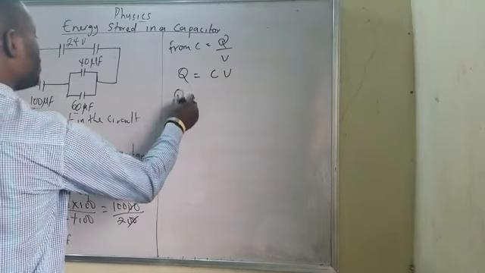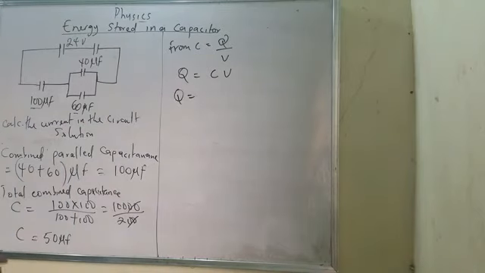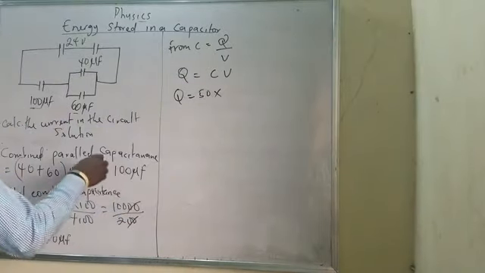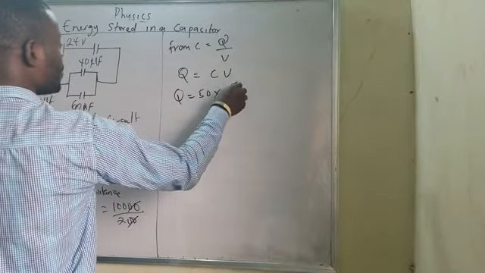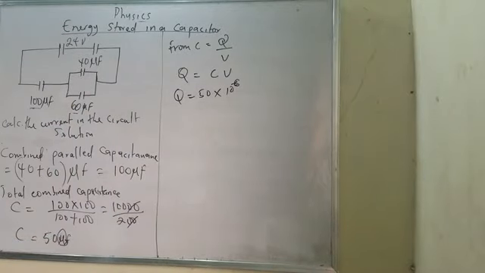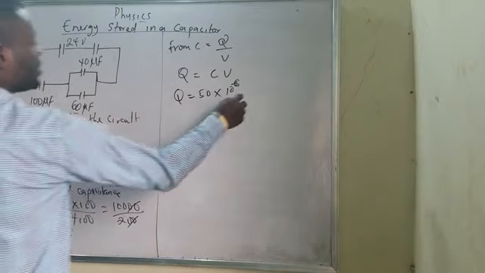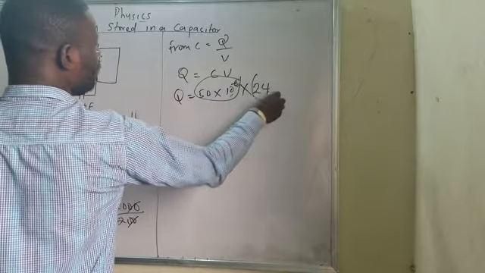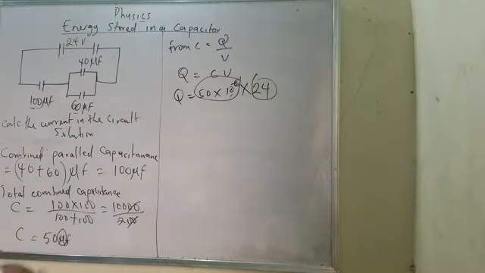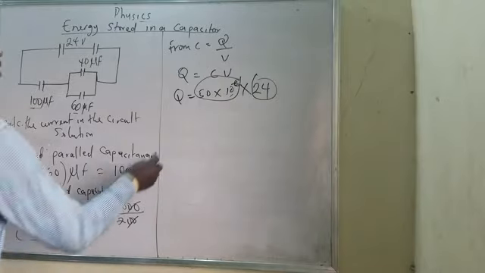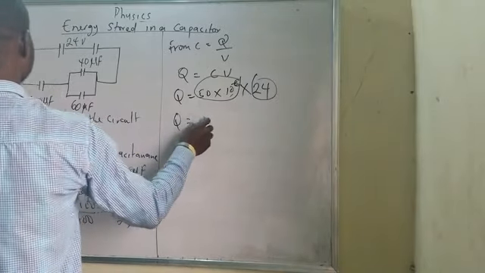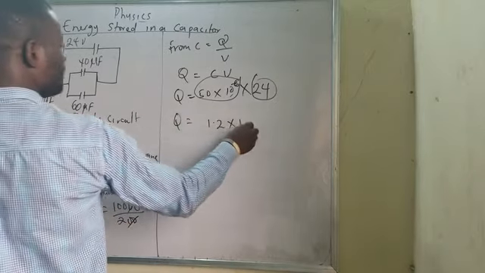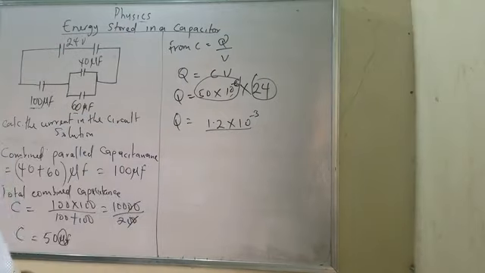This equals 50 multiplied by 10 raised to power minus 6, because I'm converting millifarad to normal farad, multiplied by 24. Now this one is the capacitance, while this one is the volts, which I will solve, and it will be equal to 1.2 multiplied by 10 raised to power minus 3.